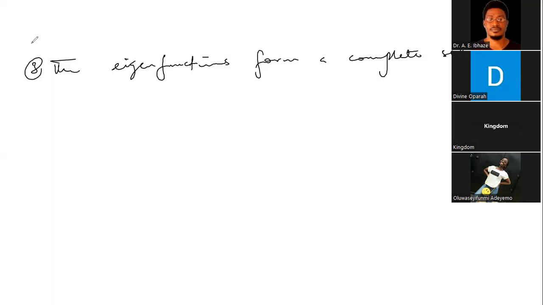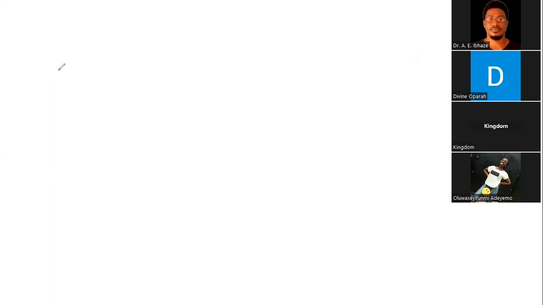So if we are given a Hermitian operator, say A hat, for us to be able to evaluate the expectation value of this Hermitian operator, then we could evaluate the time rate of change.